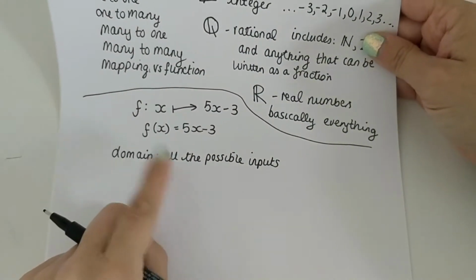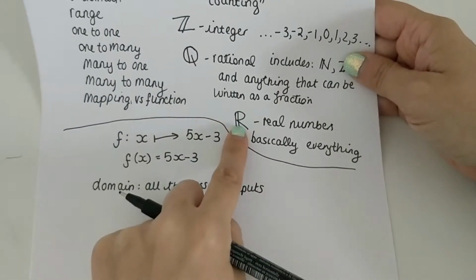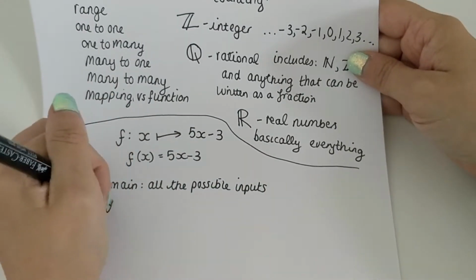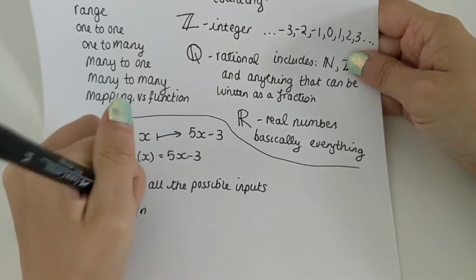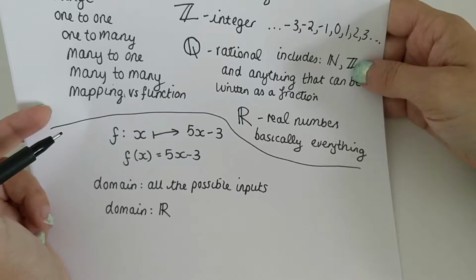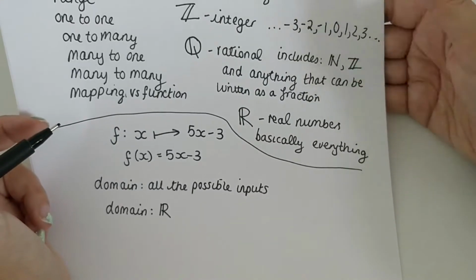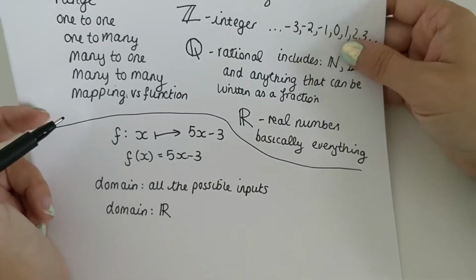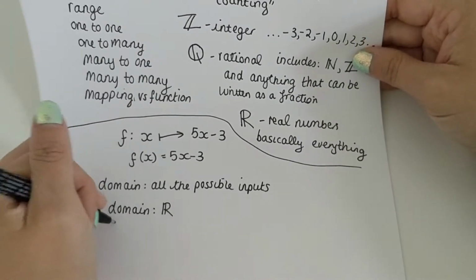Okay. So, as I was saying, a good domain for this function would be R, because you can do 5x minus 3 with any numbers. They don't have to be whole numbers to be able to do 5x minus 3. That's fine.